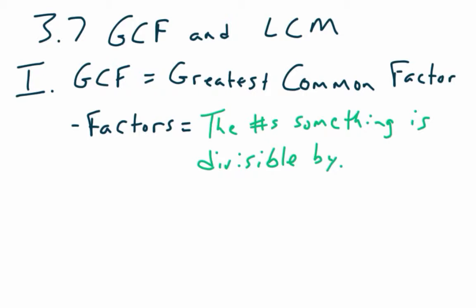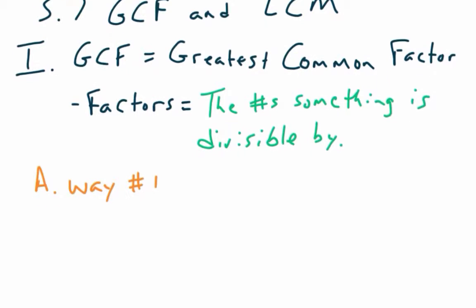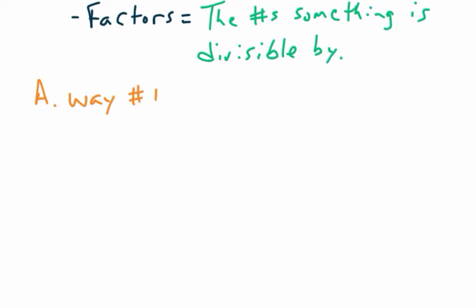So I'm going to write out 2 different ways to do this. So way number 1. I suppose if you wanted to, you could have a capital A and a capital B if you want to kind of try to organize your notes. With those then, if you're trying to find greatest common factor, one way to do it is to list the factors of the 2 different numbers, and then the greatest common factor is the one that they have in common that's the biggest.